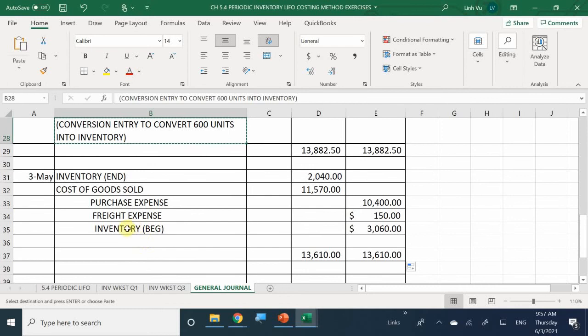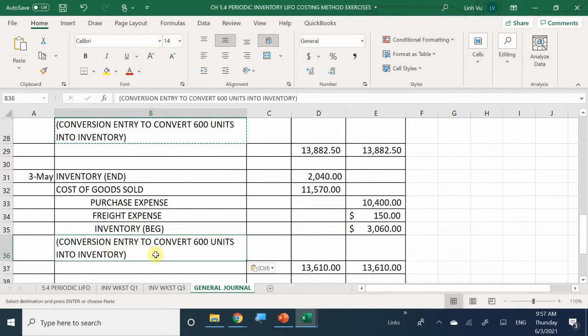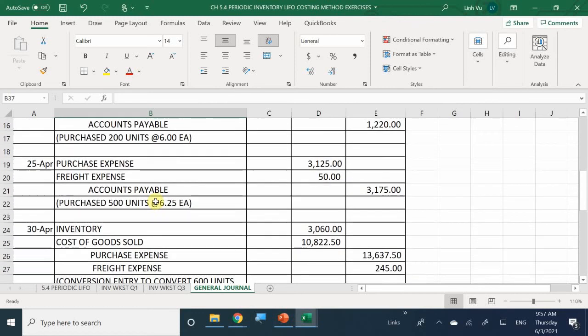Yay. All right, good job everybody. Here I'm just going to add that it's a conversion entry, converting my 400 units back into inventory. So here we have it. This was our example of LIFO. Any other questions?